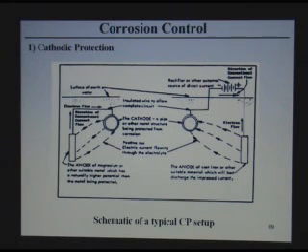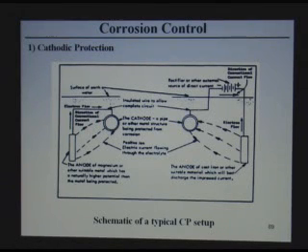Or you can use a battery or a rectifier to give you the electrons to the structure, and the other part goes to another anode. You put an anode of different material like iron silicon anode, which is connected to the battery or rectifier, and the circuit is completed.